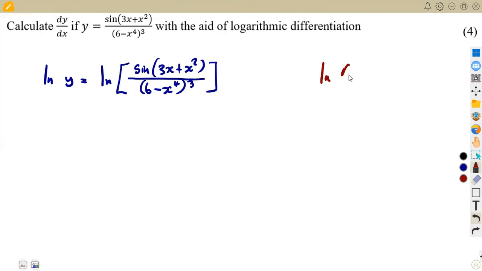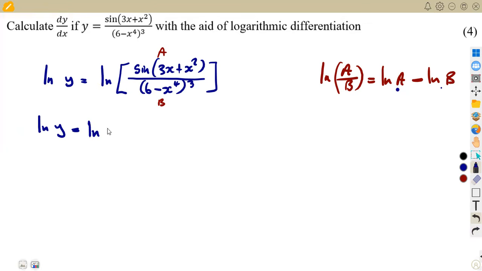Where we have a over b dividing each other under a ln, what is the law on our logarithms? We know that we are going to subtract our logarithms. So it's ln a minus ln b. So from our laws of logarithms here, we are supposed to subtract. So we are supposed to have the ln of y equal to ln of, this is our a on top. This whole part is your a, this whole part is your b. So it's supposed to be ln a minus ln b.